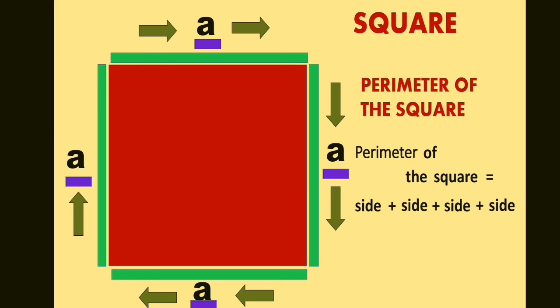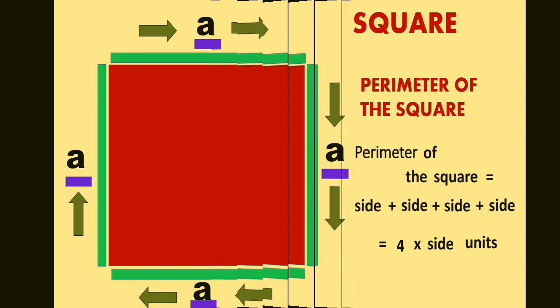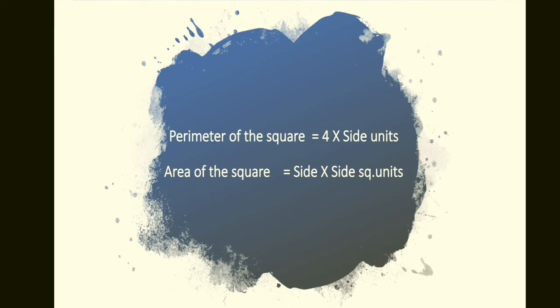So the perimeter of the square is side plus side plus side plus side. Instead of saying side plus side plus side plus side, why can't I say 4 into side units? So this is the formula for the perimeter of the square, 4 into side units. To summarize, the perimeter of the square is 4 into side units, and the area of the square is side into side square units.